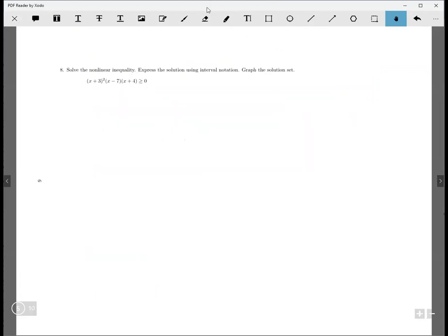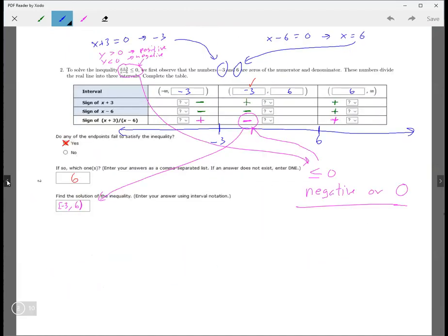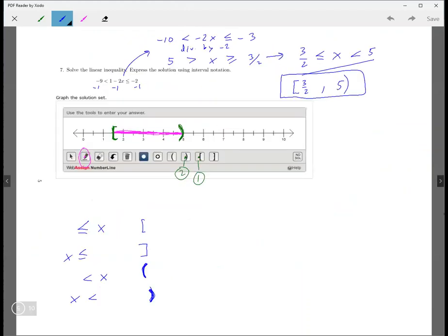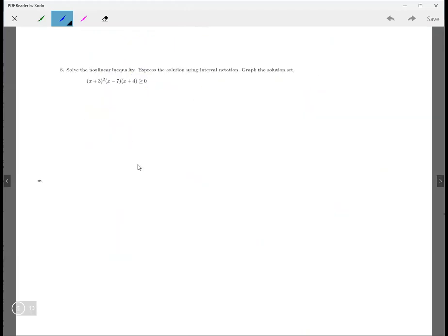Okay, so now number 8. This is getting back to what we discussed earlier, so if you refer back to this problem right here, number 2, we're going to do number 8 in a similar way, because you have a product here.